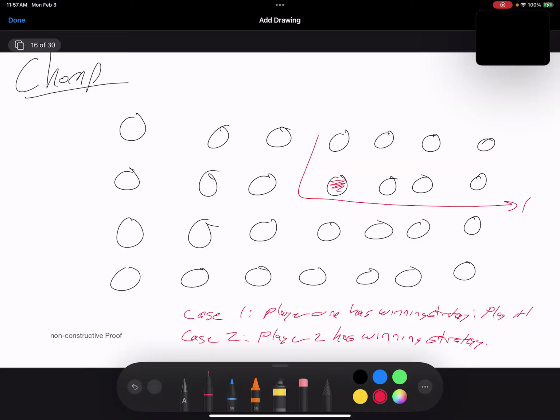And this is called a parity steal. Player one has just taken the position that we said was a winning position for player two. So if there was a winning strategy for player two, no matter how player one starts, player one can steal that strategy by just moving there.